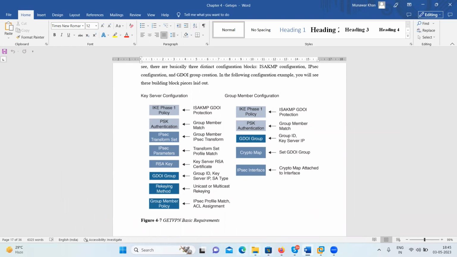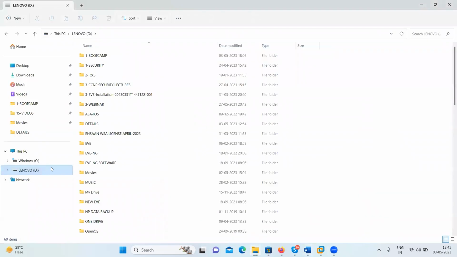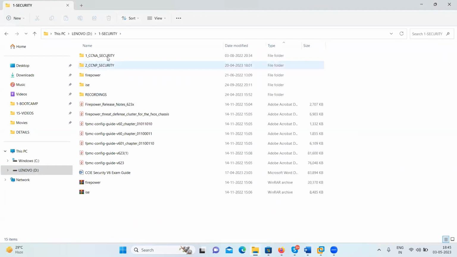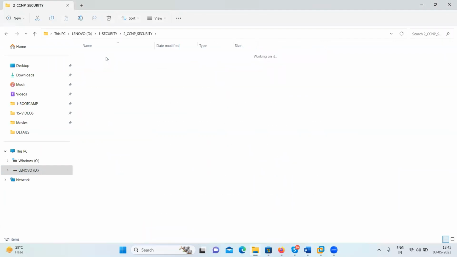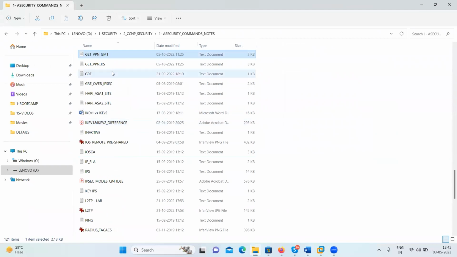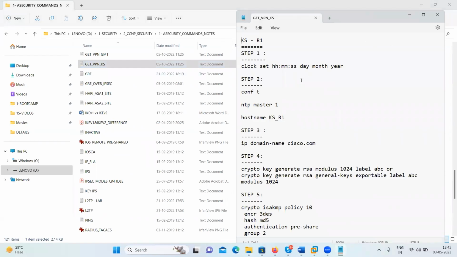So I am having the command line for GETVPN. I am having two configurations. One is for KS and one is for group member. So now we'll discuss what is the usage of this command, what is the advantage of this command, and how this command works.